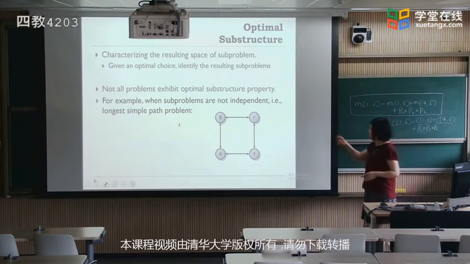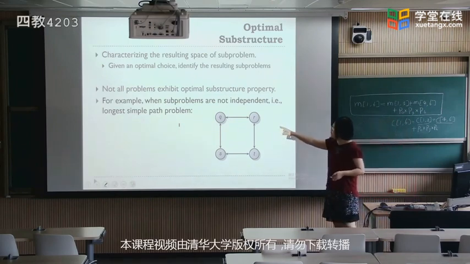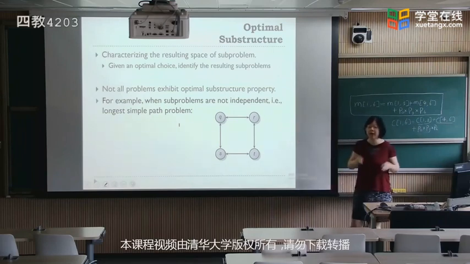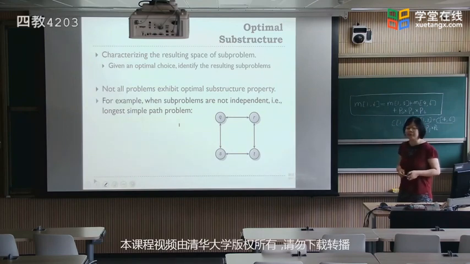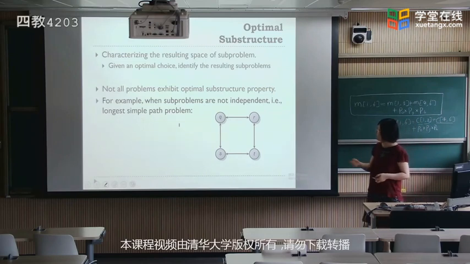For example, in this optimal solution, the path from Q to R is directly from Q to R, but that is not a longest path from Q to R in this problem setting. Okay, so you have to check for each problem. Use the cut and paste technique to verify it indeed exhibits the optimal substructure property.